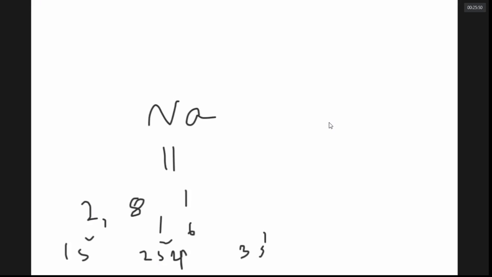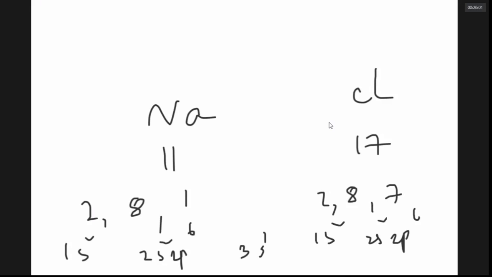And if you are looking at chlorine, that has 17 electrons, atomic number 17, like 2, 8, 7: 1s2, 2s2, 2p6, 3s2, 3p5. Now, in order to get an octet, the sodium has to lose this extra electron. In order to get an octet, the chlorine should gain an extra electron.